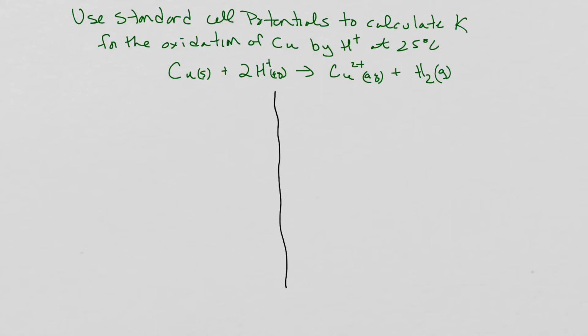So the appropriate equation here is the one that relates standard cell potential, E cell, to the equilibrium constant. And remember that equals 0.0592 volts divided by n times the log of K.